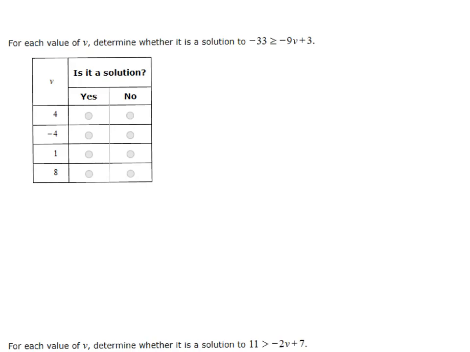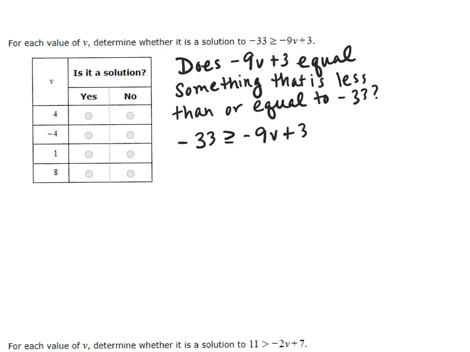And the fourth is determining whether or not something is a solution to the equation. In this problem, you're trying to figure out if the value of V will make the inequality true. So let's start with a +4. We're just going to plug it in and see if it works.